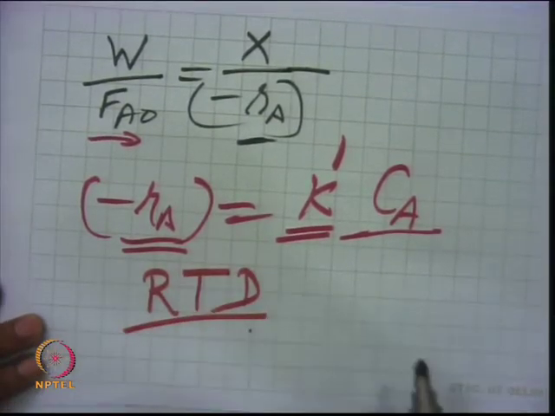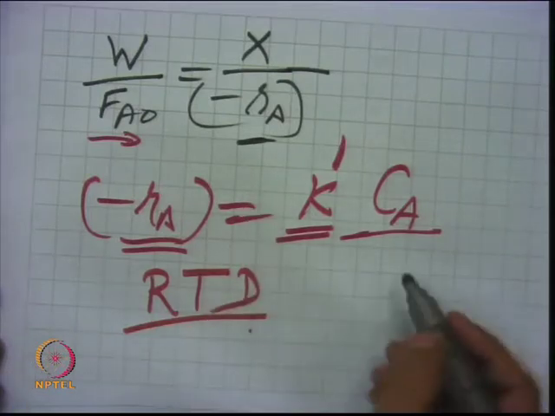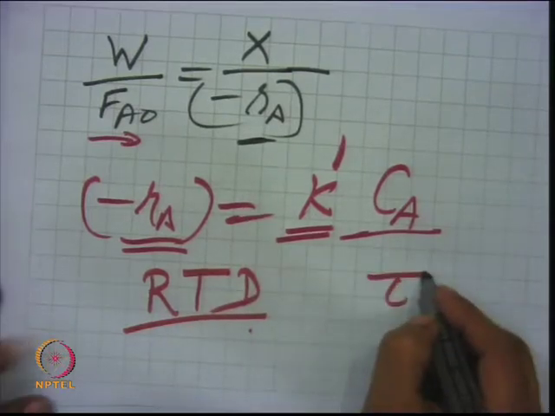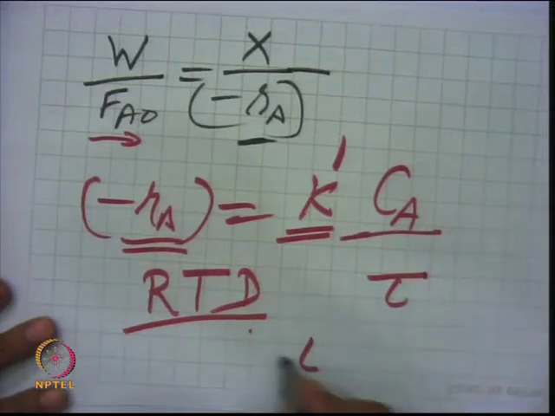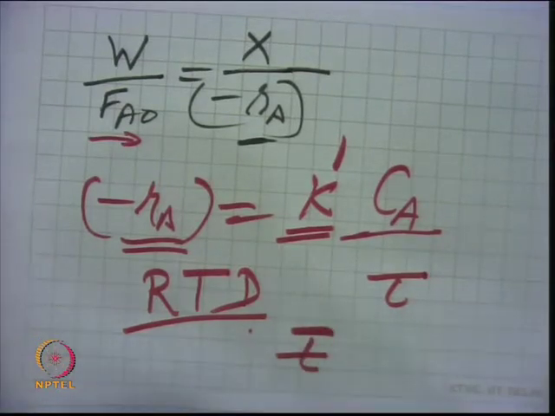If it is plug flow, it is fine, it will be just like tau, but most of the time it is not a plug flow condition. So, one needs to find out the mean residence time T bar, and this mean residence time T bar will depend on the age of the particle. So, we need to find out some kind of exit age distribution for each size range of particles.